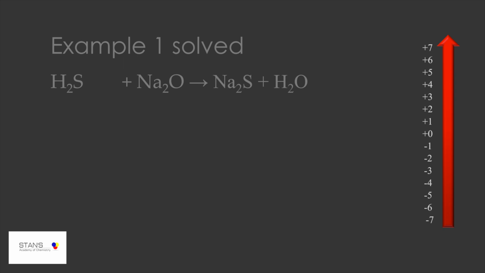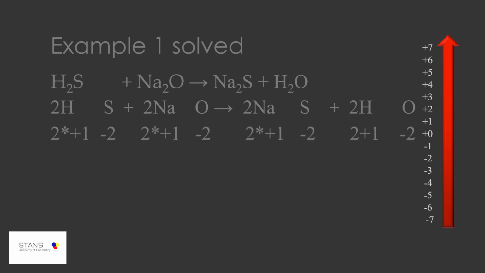On the product side, you have 2 sodiums and a sulfide ion, 1 sulfur, and water with 2 hydrogens and 1 oxygen. I just split them up now in the second line. 2 hydrogens, 1 sulfur, 2 sodiums, and 1 oxygen on the reactant side. Again, 2 sodiums, 1 sulfur, 2 hydrogens, and an oxygen on the product side.